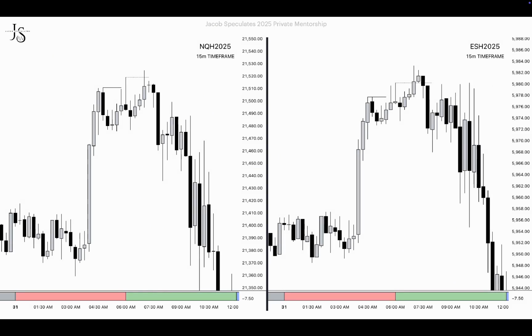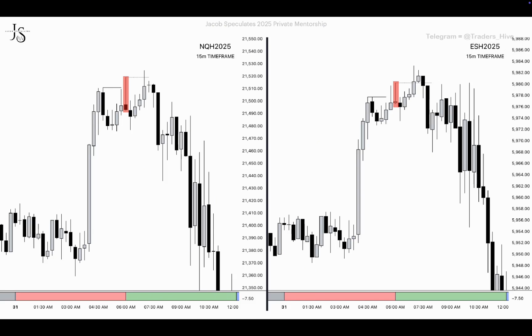Now bringing the S&P into the equation, as you can see, as soon as the NASDAQ wicked above previous quarter's high, which is London session, we formed a 15-minute PSP. Now, the reason this PSP is important and the reason why price ran the high one more time is because it was a large wick that took out the previous quarter's high.